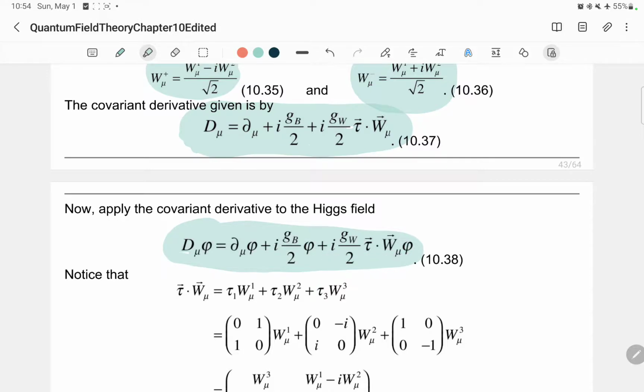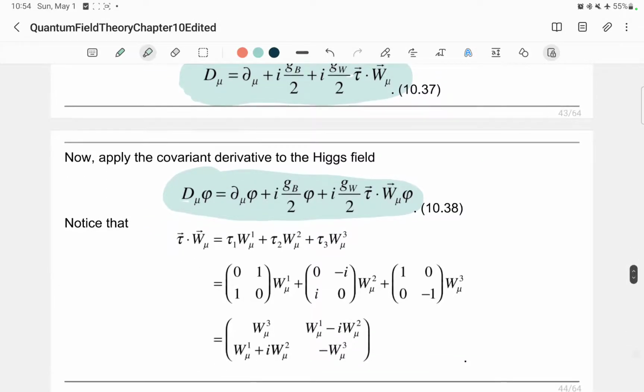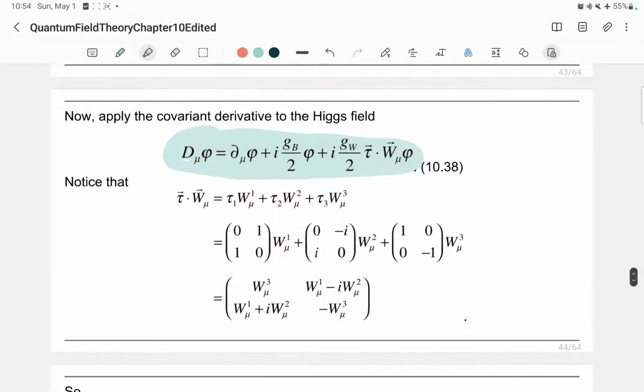Now the vector tau, we have here, of course, 3 taus, tau 1, tau 2, and tau 3, and W mu 1, W mu 2, and W mu 3 distributed respectively to the tau 1, tau 2, and tau 3.